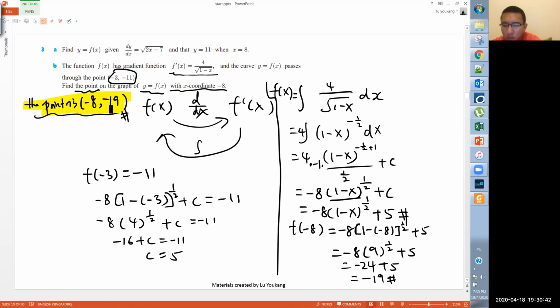So that means you shouldn't stop at minus 19, because they ask for the point. So that's the meaning of the point. The point is defined by your x and y coordinates.